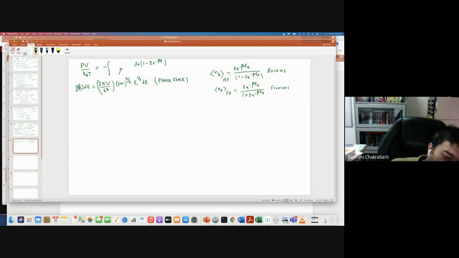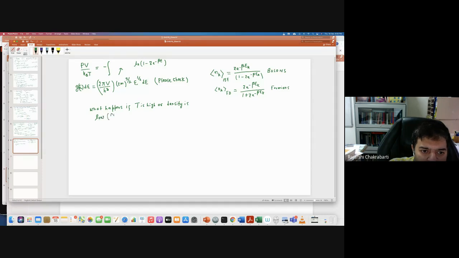Now, look carefully what happens if, for example, temperature is high or density is low. What do you expect?